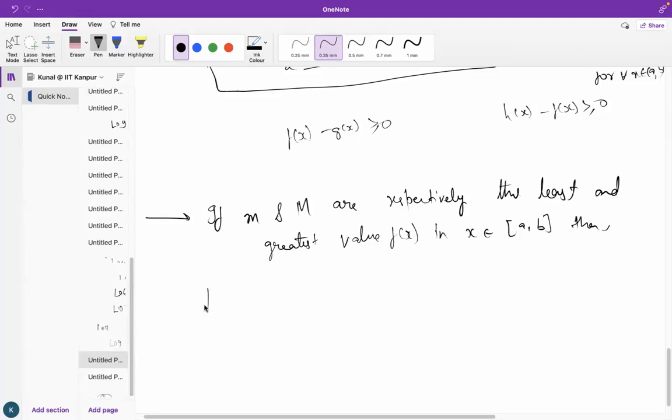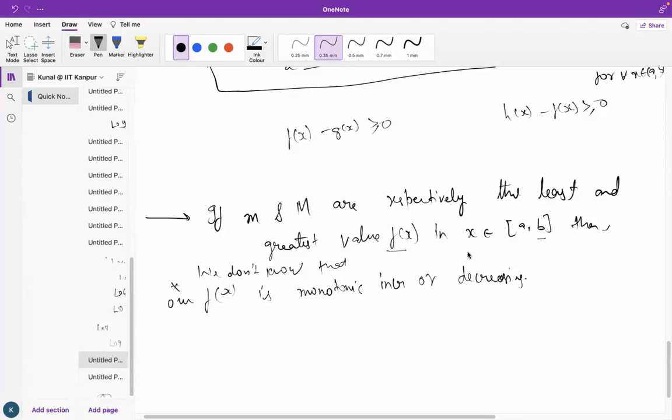This statement tells you that the max value, the greatest value of f of x, is capital M. Now we actually don't know whether our function f of x is monotonic increasing or decreasing. Let me write it here in a good way. So we don't know whether our monotonic function is increasing or decreasing.